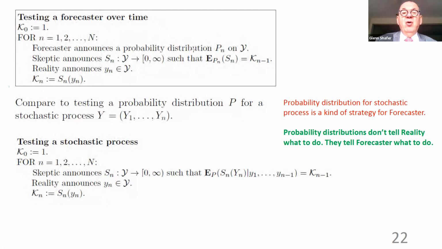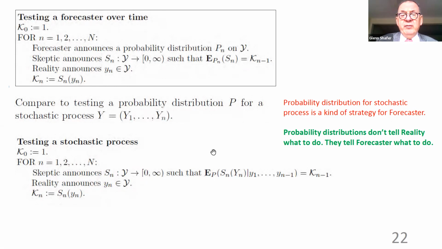His strategy tells him what probability distribution to give the first time, and then after he has seen reality's move, what probability distribution he is going to give the next time. Well, what would that strategy look like? One way would be to say that actually what forecaster has is a joint probability distribution for all n moves by reality, all n random variables.